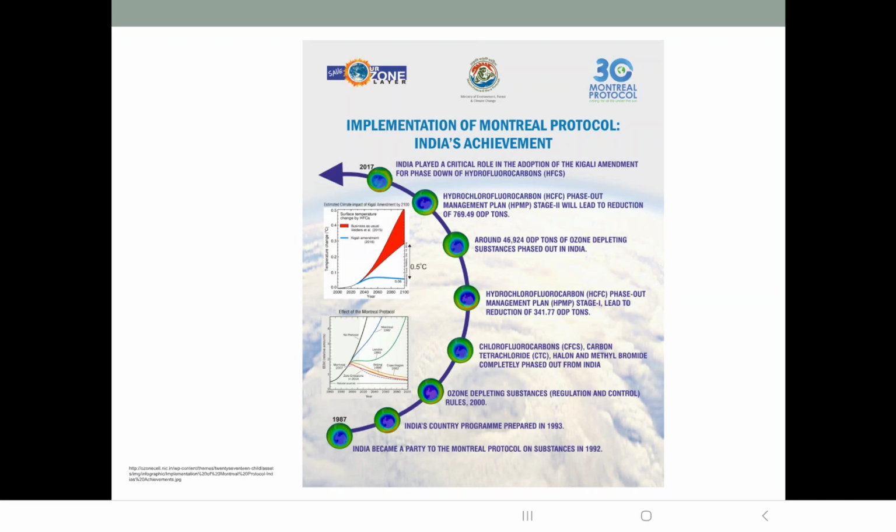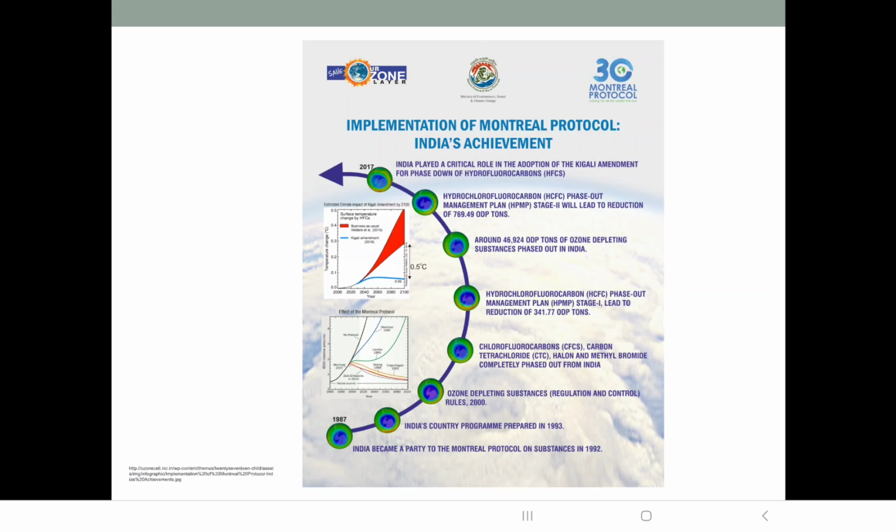It has a management plan, and HCFC is phased out subsequently. Further, India played a critical role in the adoption of the Kigali Agreement, which is an amendment to the Montreal Protocol for the phase down of hydrofluorocarbons.